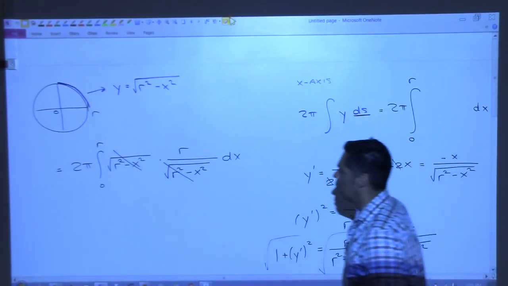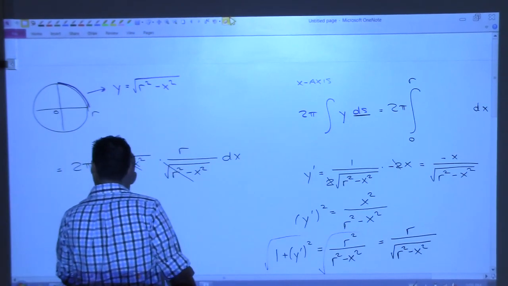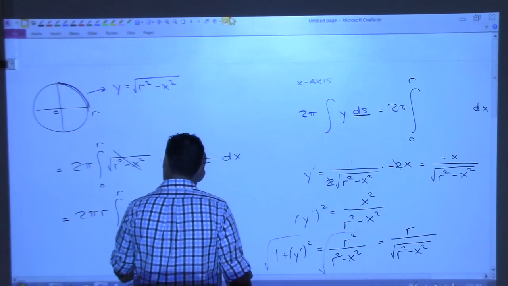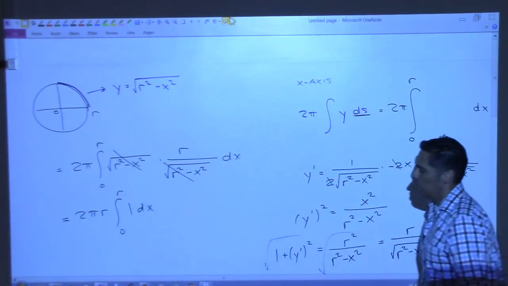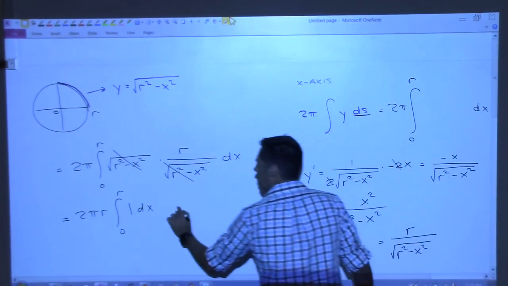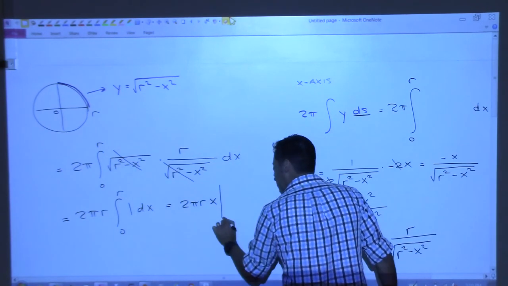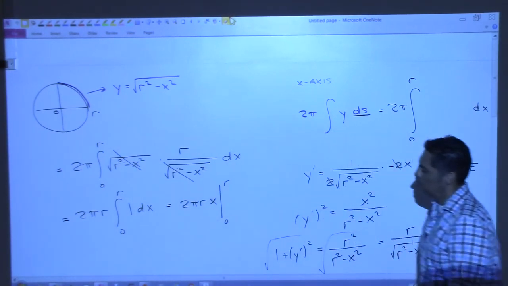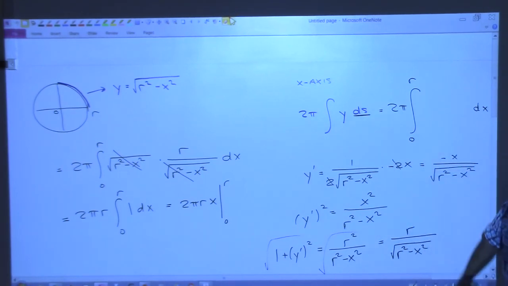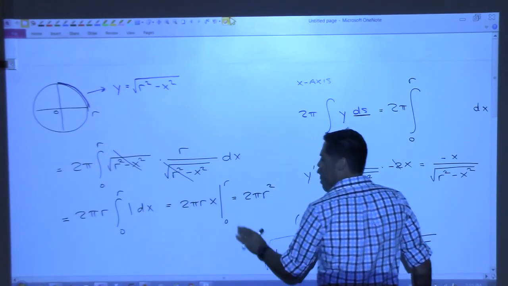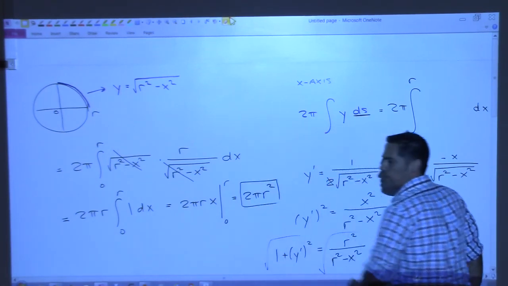I can take the r out. 2 pi r integral 0 to r of 1 dx, which is just x. So this becomes 2 pi r times x evaluated 0 to r. So you plug in r and you get 2 pi r squared. And you plug in 0 and you get 0. So this is the surface area of a sphere, radius r.